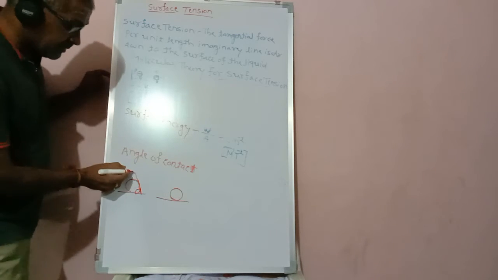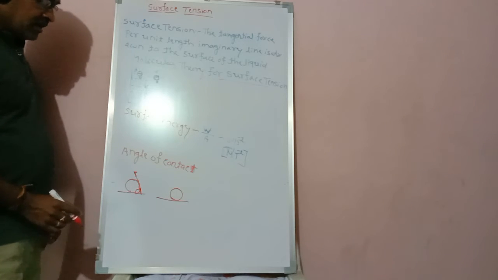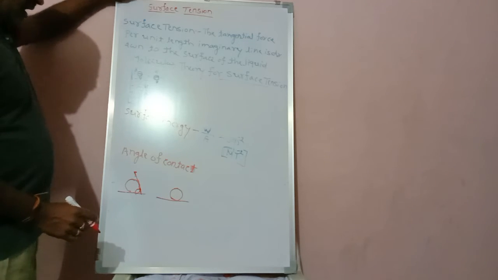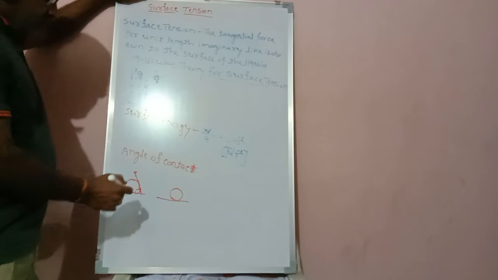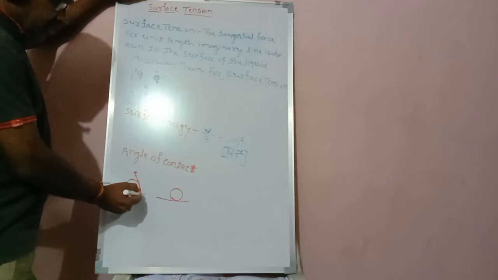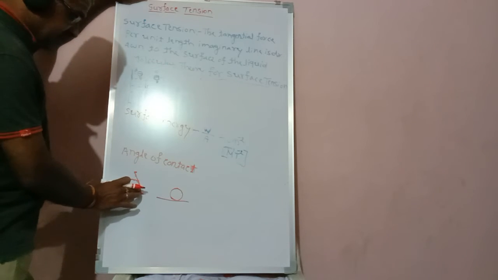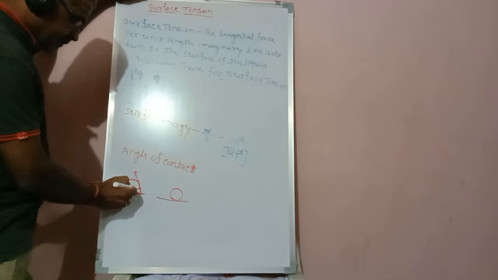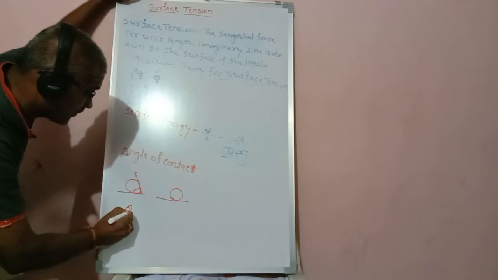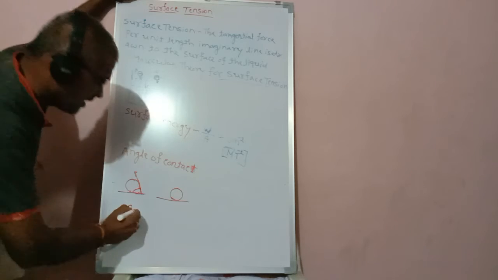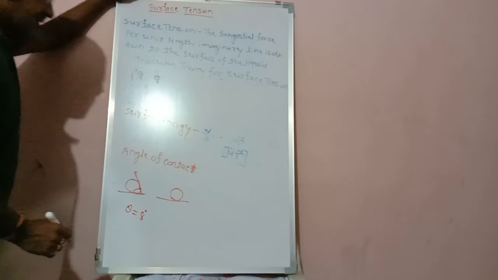This angle, between the water and the glass surface, is like that, theta, which is about 8 degrees, the angle of contact.